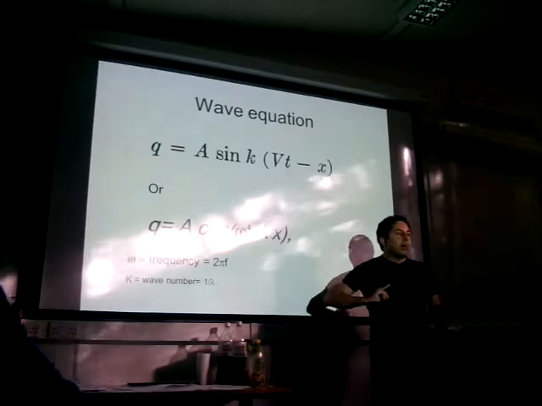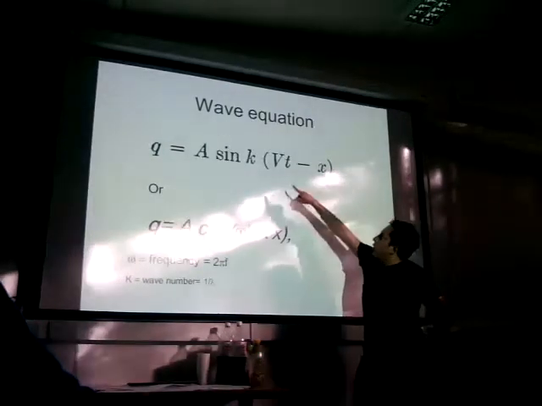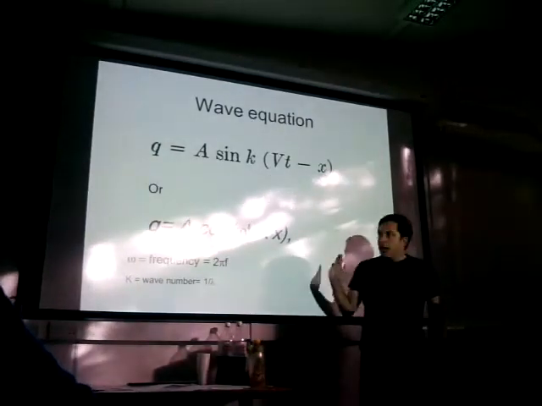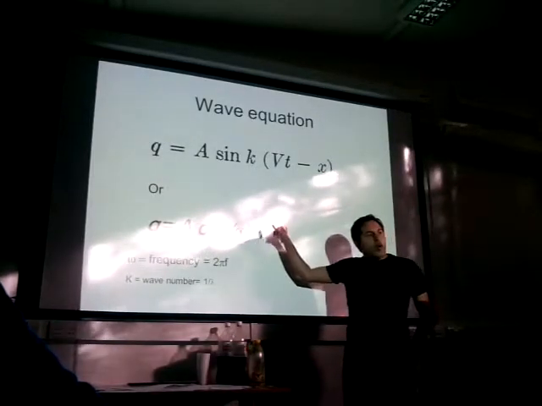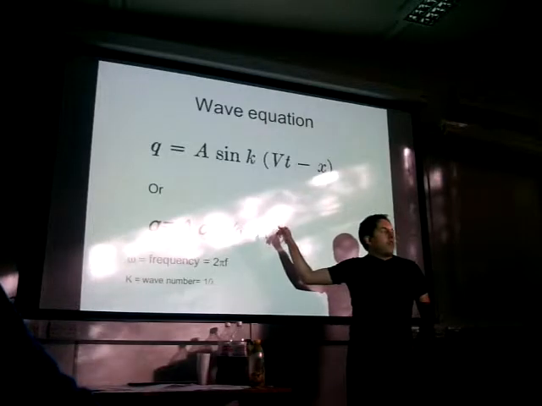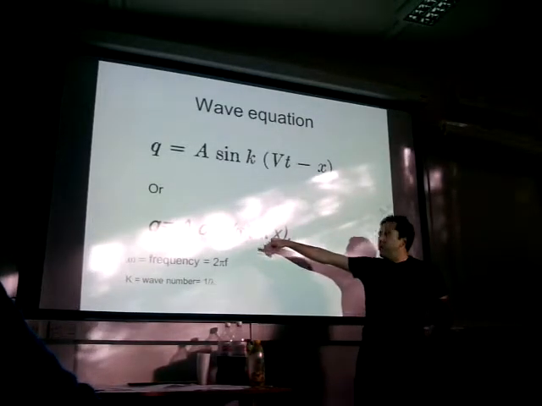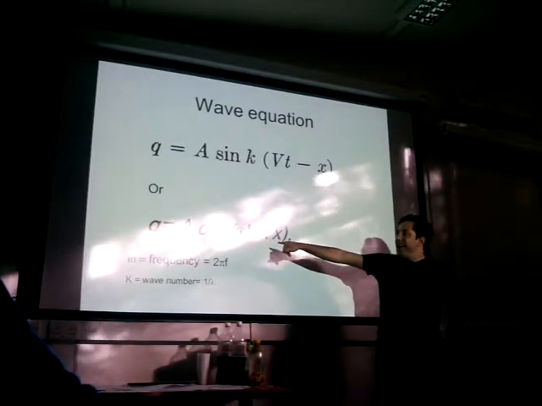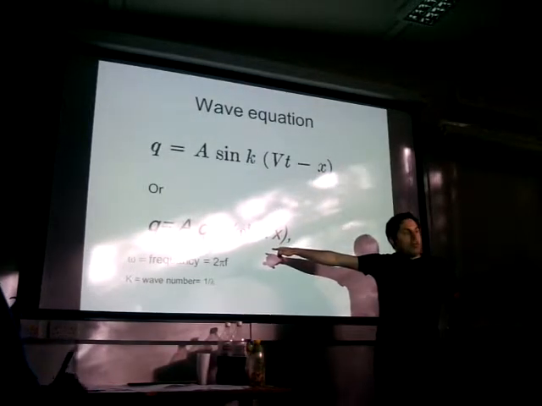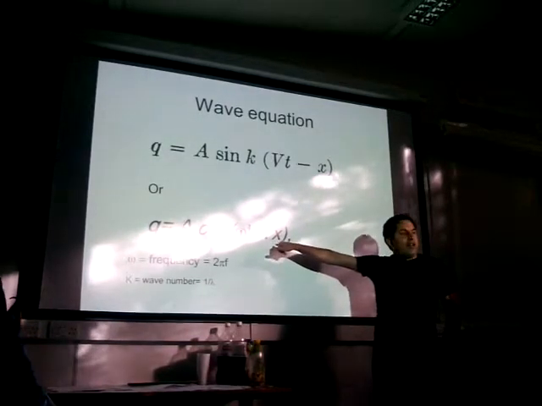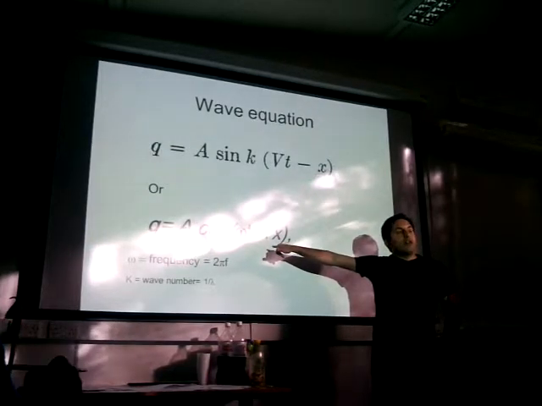K is the wave number that comes from the multiplication of that one. That is the component that, in the previous exercise I gave you, decides whether a wavelength is dephased or not with respect to another one. If they have that bit different, they are dephased one with respect to the other.